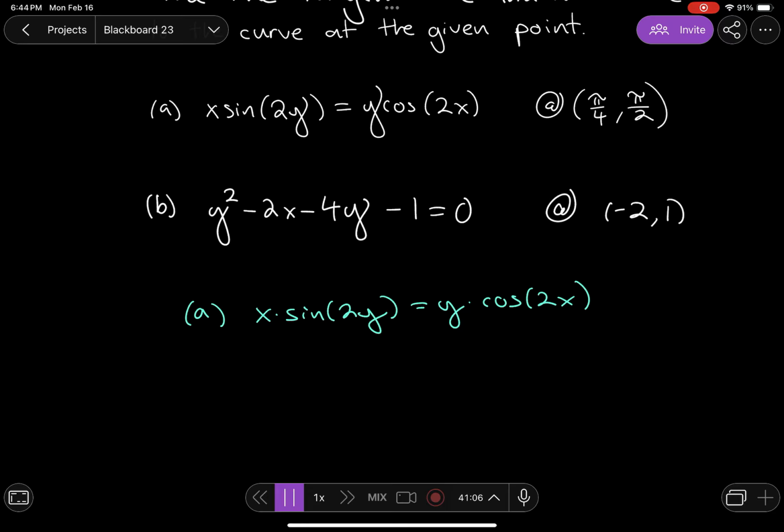Taking derivatives, that's going to be the derivative of the first times the second. So that's going to be 1 times the sine of 2y plus the first times the derivative of the second, which is the cosine of 2y times 2 times y prime. And that y prime is our slope.